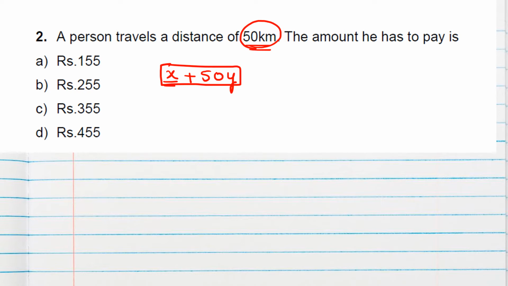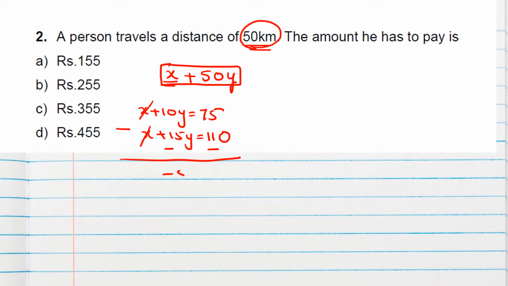So x plus 10y equals 75 and x plus 15y equals 110. We can directly subtract both equations. Since the x coefficients are the same, we get minus 5y and minus 35. So y will be 7.